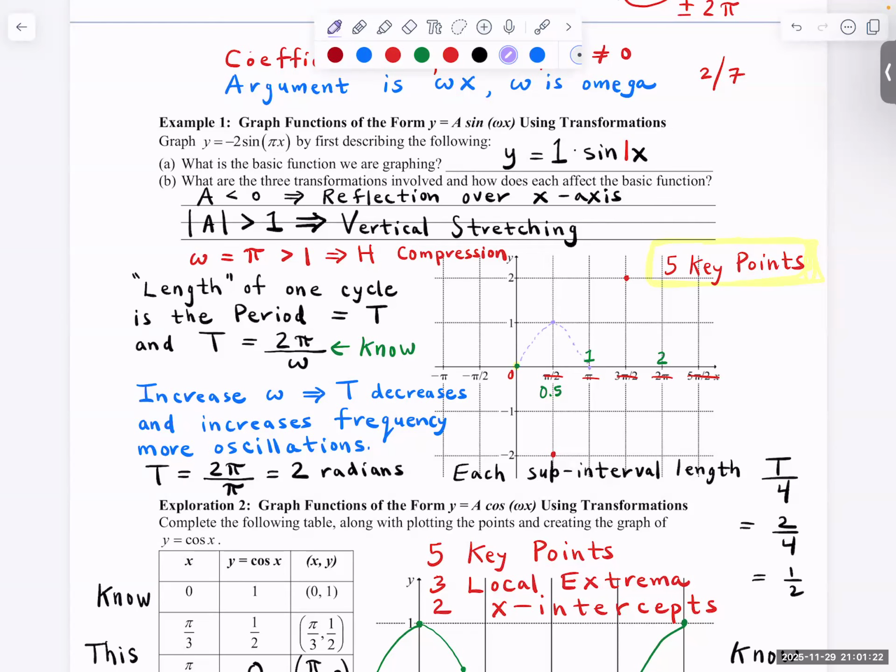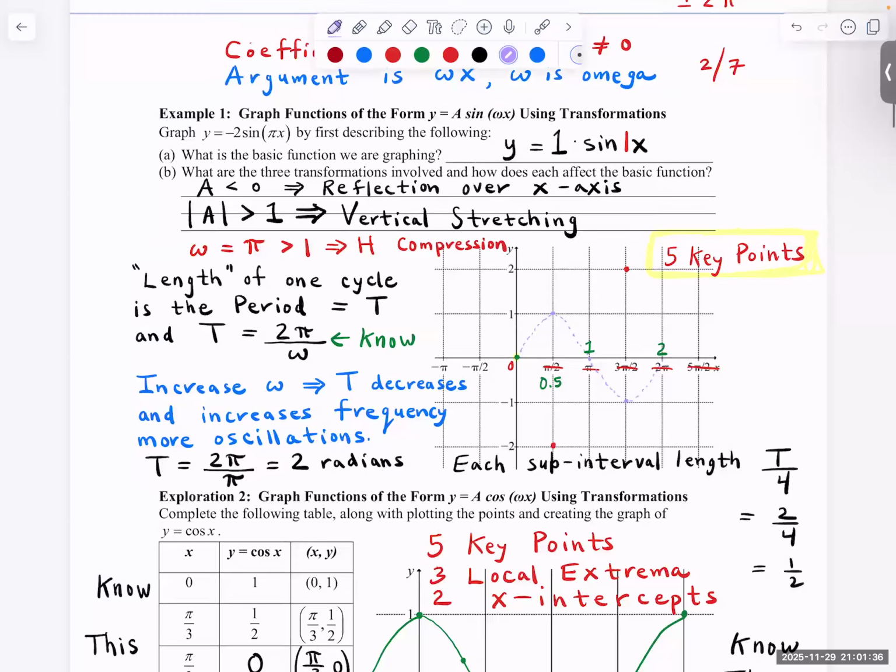At 3 pi over 2, the sine function value is -1. And at 2 pi, the sine function value is back to 0, and that would be the length of one cycle. So the 5 key points, let's highlight them in yellow here. There's 3 on the x-axis, a local max and a local min.